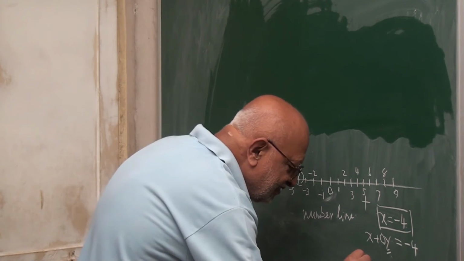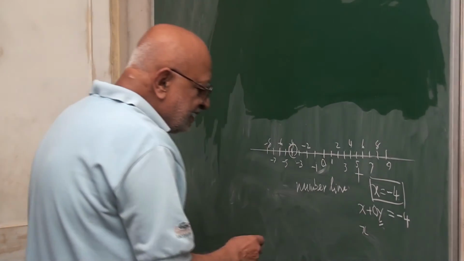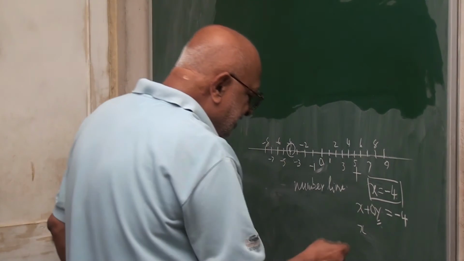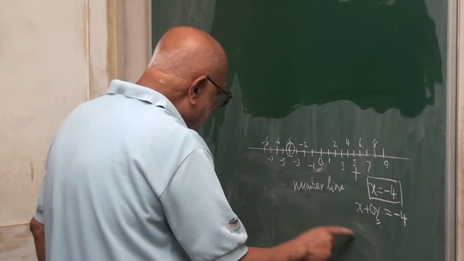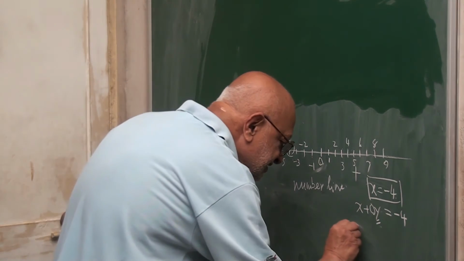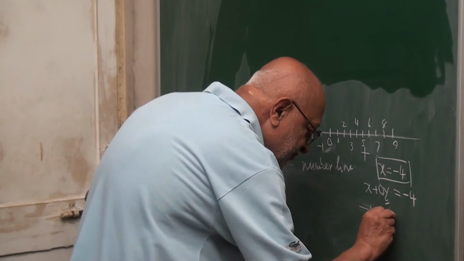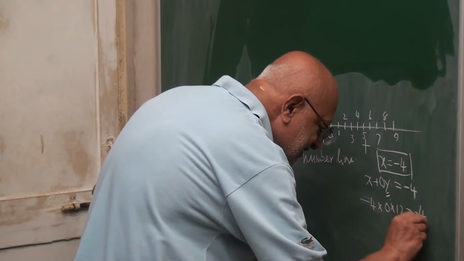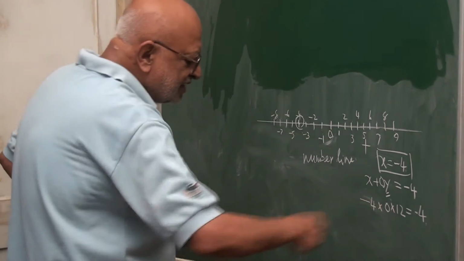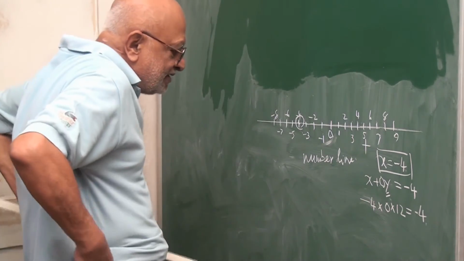So let us say we take x and we have it here, minus 4. Let's make our life a little bit easier: minus 4 into 0 into 12. That will also satisfy this equation, because minus 4 is on both sides. So I can have another point.